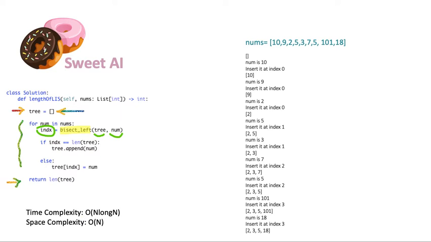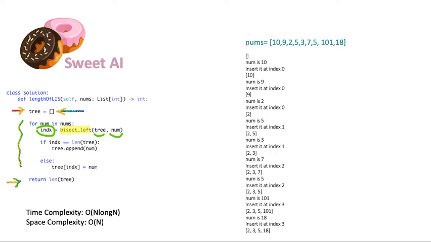What we can do here, because we are not going to get all the values and we are not going to order this array, we are going to just get the numbers and update this tree with the biggest value that comes after the previous numbers.